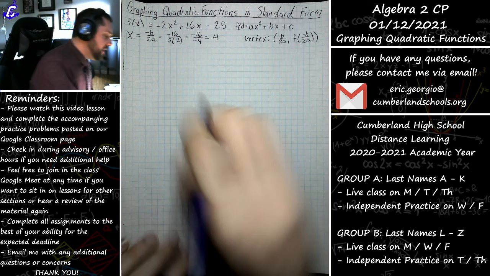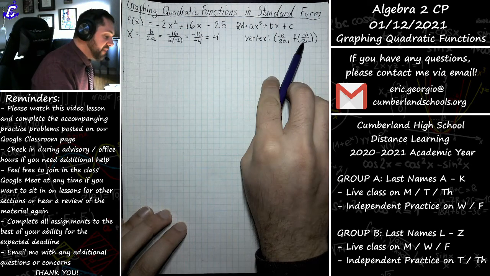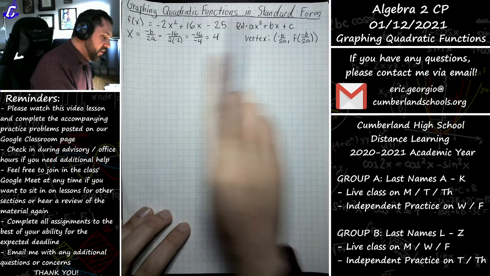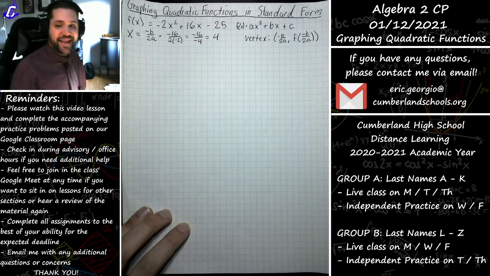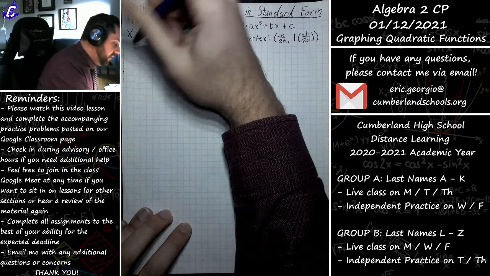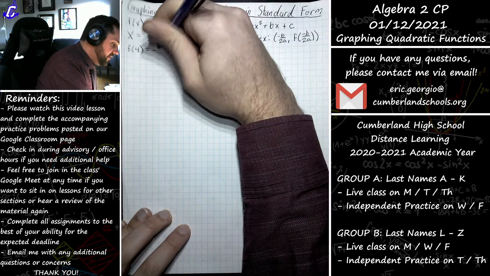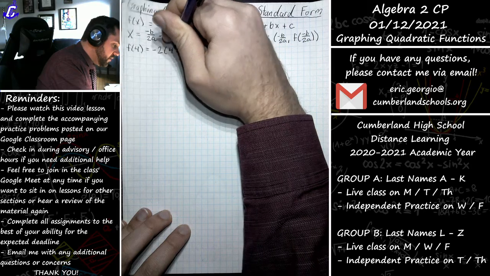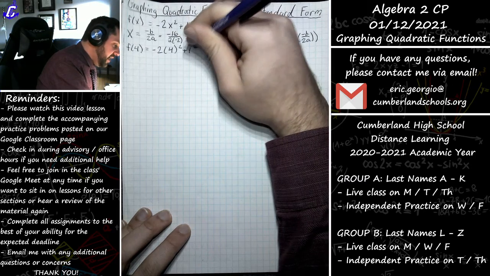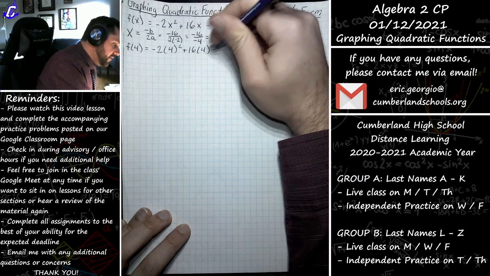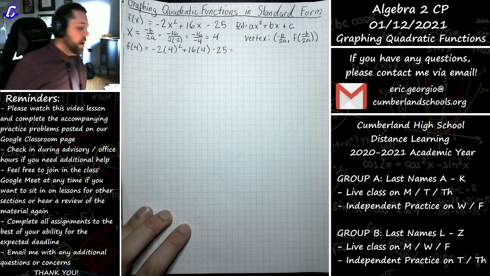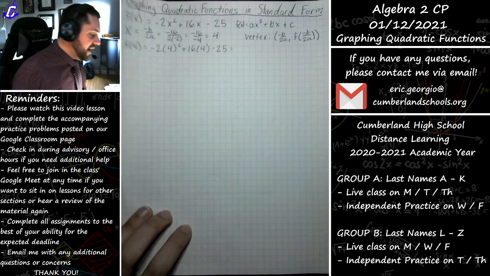Now, in order to find the corresponding y-coordinate of the vertex, we can take this 4, plug it back into the function, and solve. f of 4 is equal to negative 2 times 4 squared plus 16 times 4 minus 25. Be careful with your order of operations as you do this.